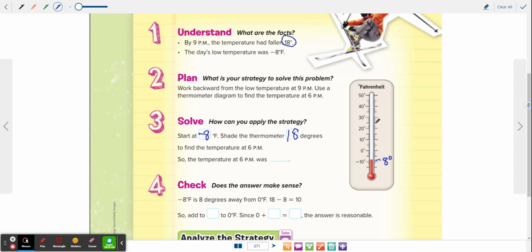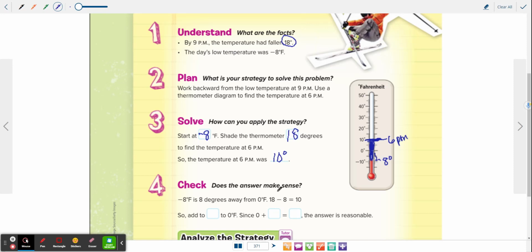We want to go up 18 degrees to get to the temperature at 6 p.m. Turning back time. So if we add 18 degrees, there's 8, so we're going to shade in 8. And then we need to shade in 10 more. So right here is the temperature at 6 p.m. Okay, so it was 10 degrees.